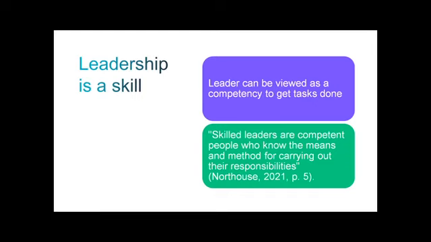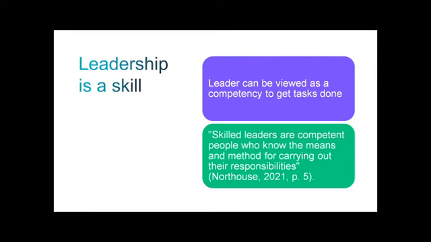There's a great quote in Northouse that sums up this theory: skilled leaders are competent people who know the means and methods for carrying out their responsibilities.